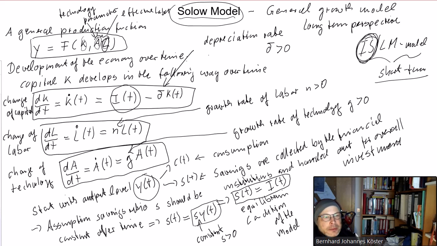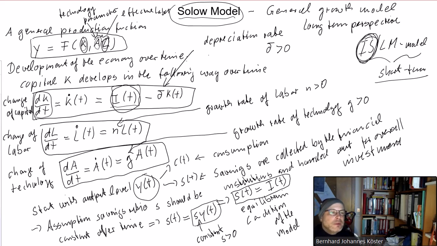And then we want to describe our economy over time. This means especially how capital evolves over time. The time derivative of capital is given by our investment over time.